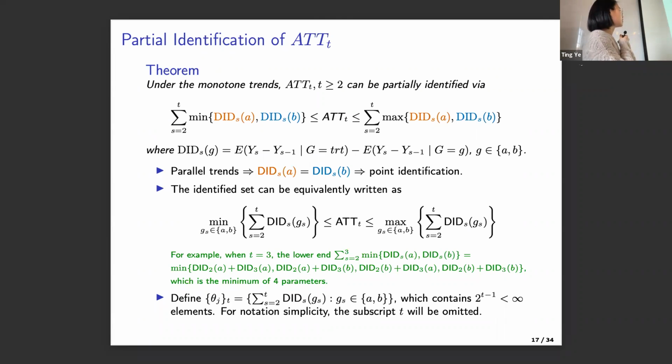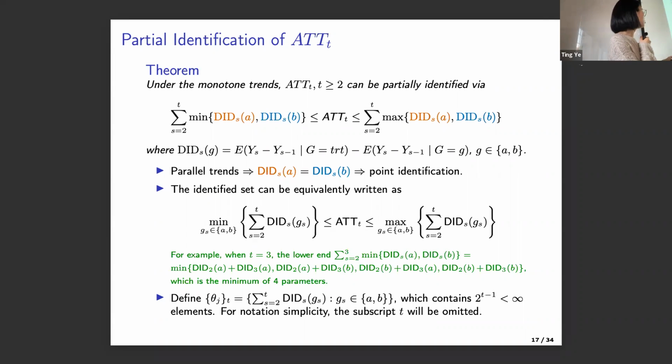Basically, we assume an IID assumption. For example, let's say we have t equals 3, then theta 1 to theta 4 will be these 4 parameters, and theta 1 will be DID 2a plus DID 3a.